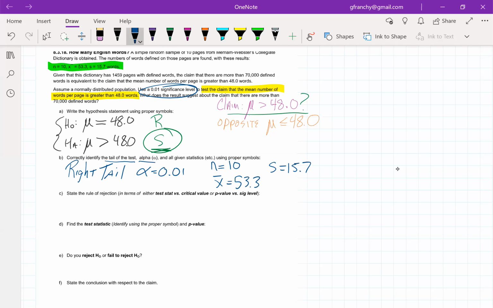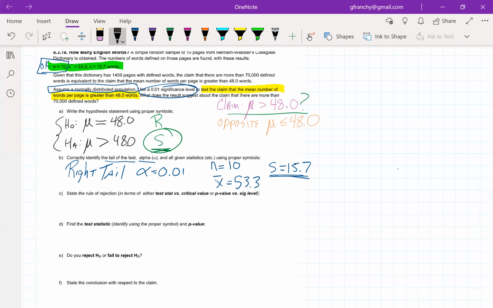Does it seem like that to us? Doesn't really matter. We need to know what's the likelihood. And a lot of the likelihood is going to be dependent on standard deviation there. There is one more thing that we needed in this question because the sample size was only 10. They told us that our population was normally distributed. That's what made it okay with the sample size that wasn't greater than 30.